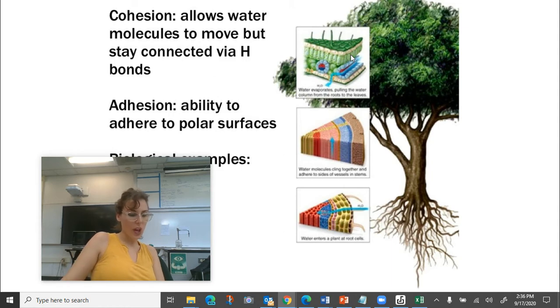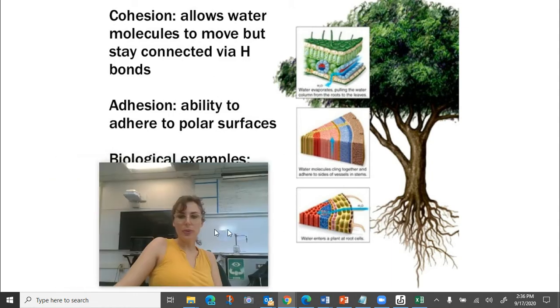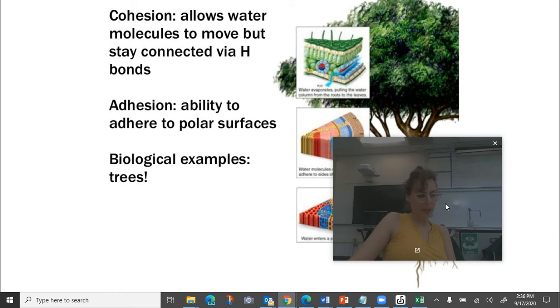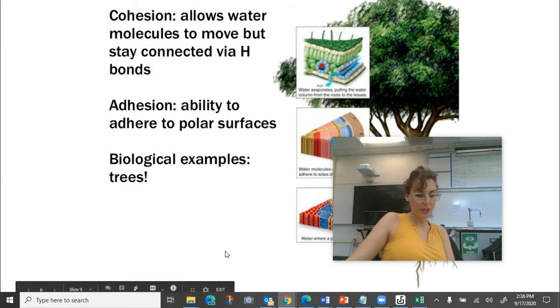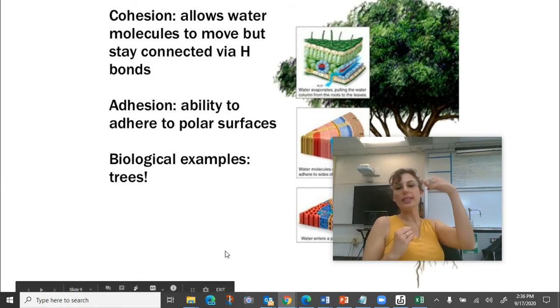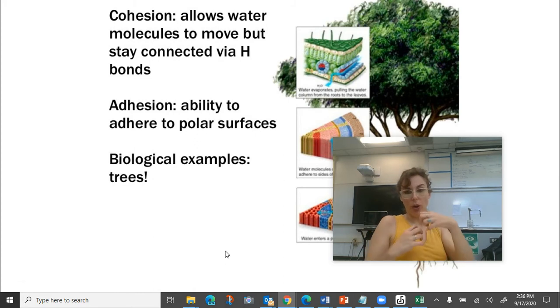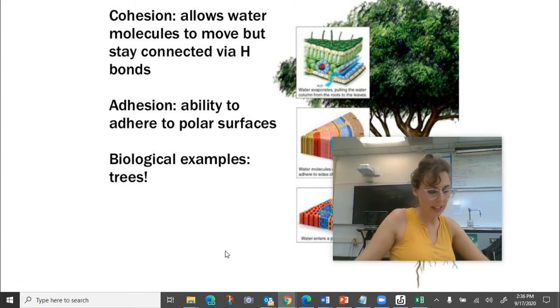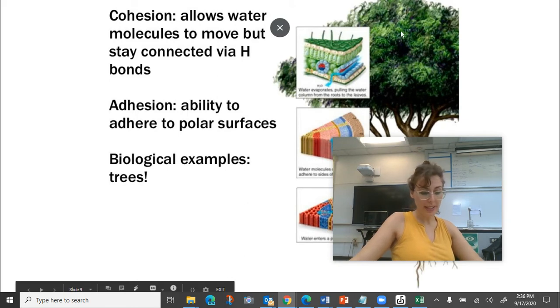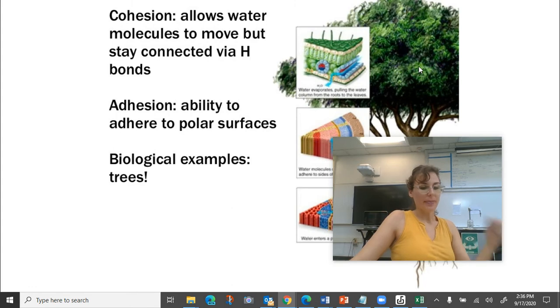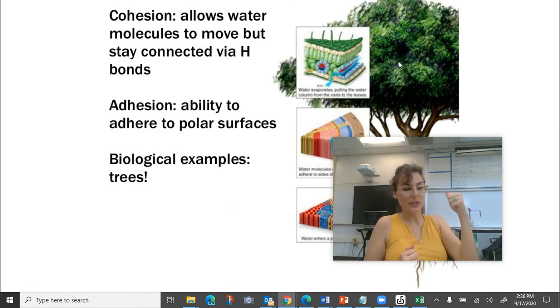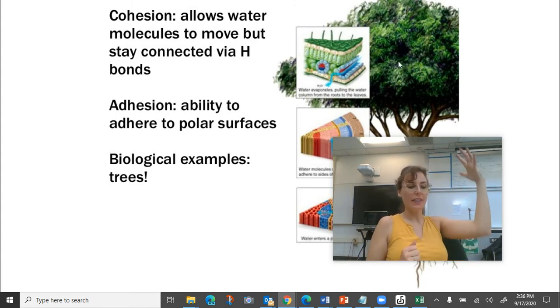So they also are moving due to water pressure. We're going to talk a little bit more about that later, but because there's a difference in water potential, that's another reason that will pull the water molecules up the tree. But let's just simply say that when you have a water molecule at the top of the tree that's gaining energy, the amount of kilocalories it takes for it to evaporate is a lot of energy.